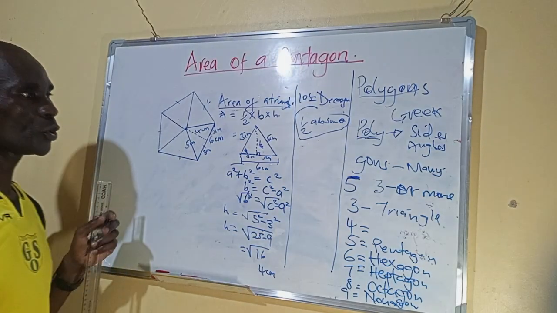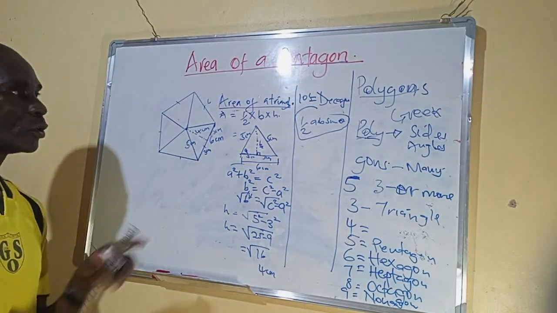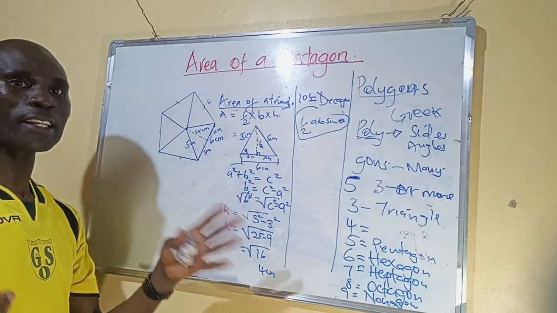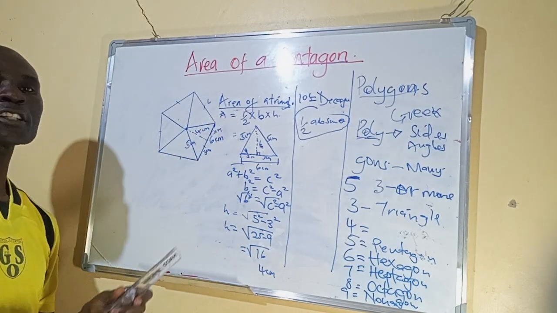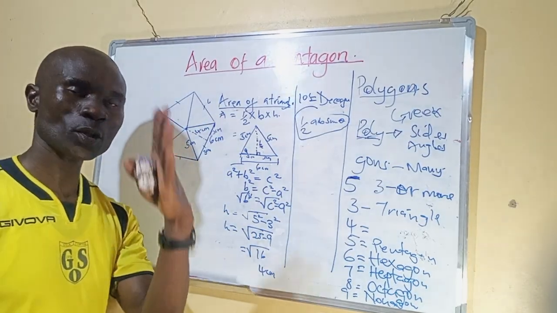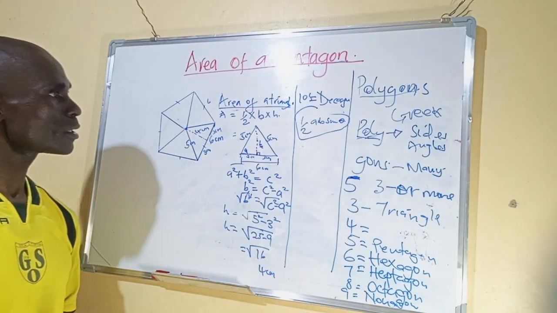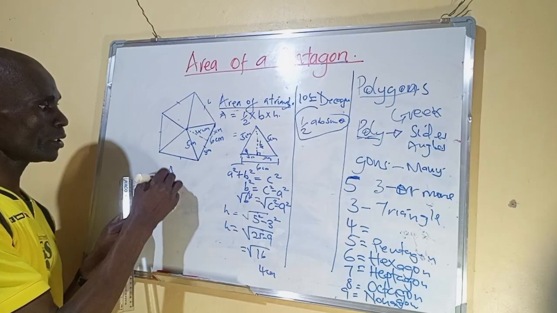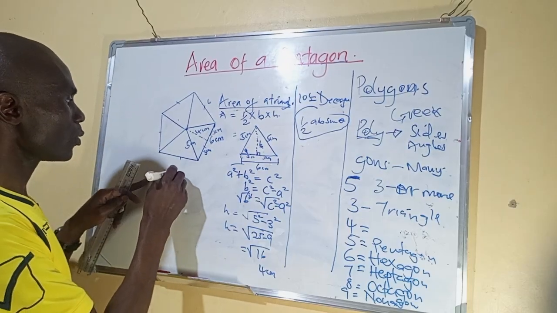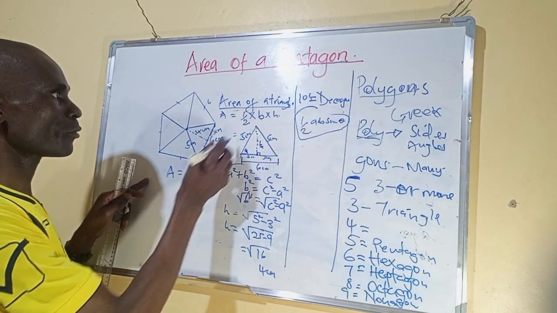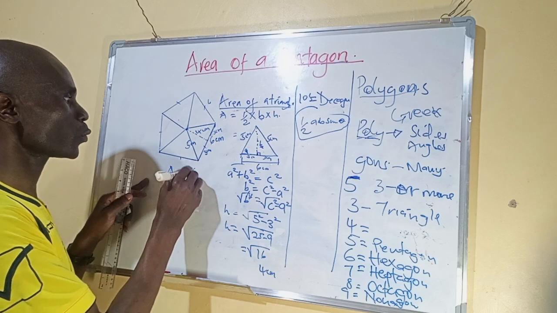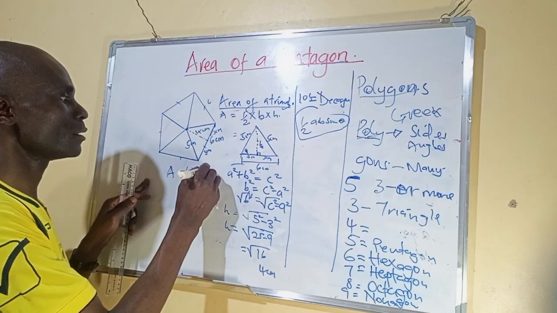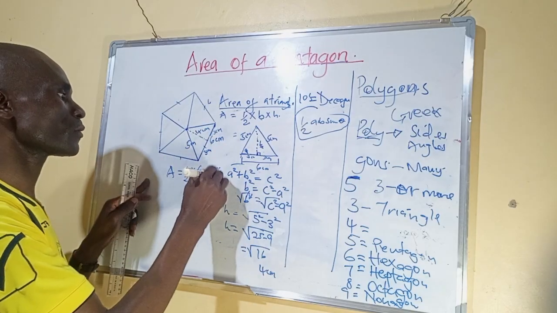Now next, you've already gotten the dimensions that are needed for us to slot into our formula, for us to comfortably work out the area. So our area will be given by a half multiplied by our base, which is 6, multiplied by our height, which is 4.